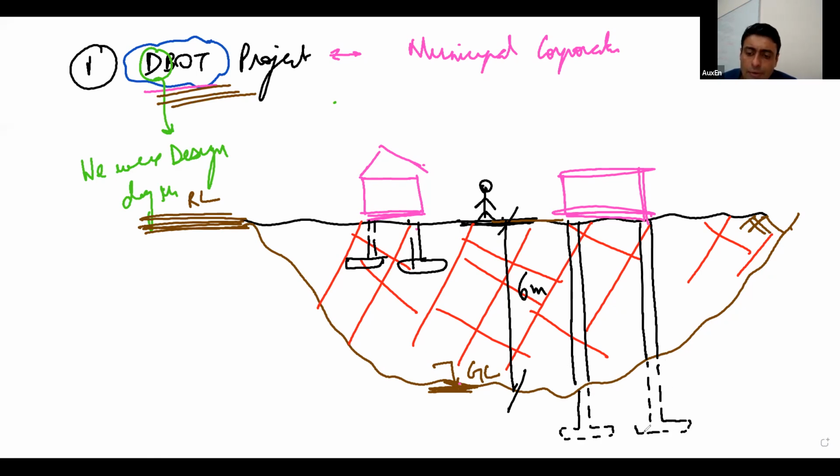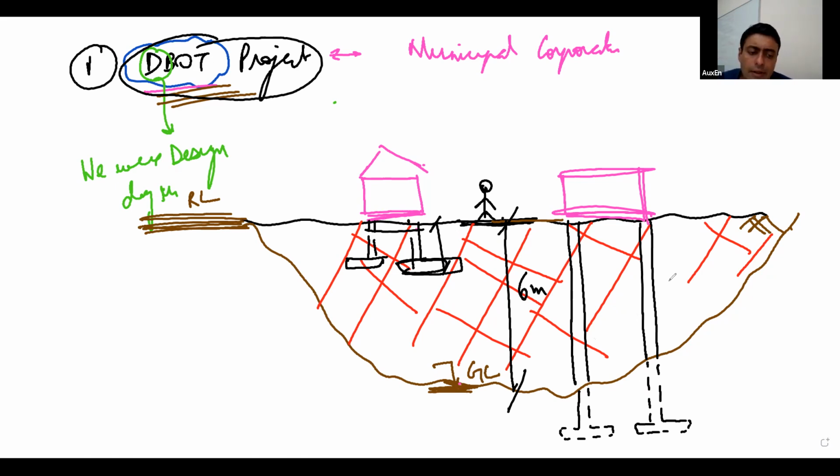So this led to a large escalation in their estimated cost, isn't it? Because this agency which was carrying out the DBOT project was thinking that it would be a regular foundation, let us say some 2 meter or 2.5 meter below your ground level, they would be putting your footing. But to their shock and horror, this was a 6 meter landfill.